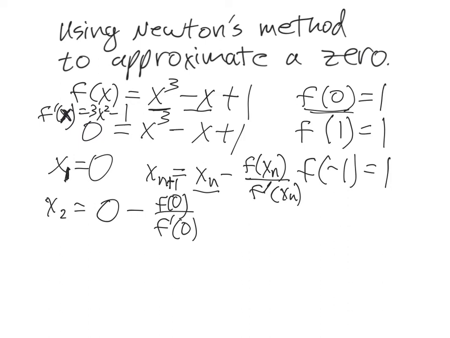Okay. So f of 0 we already calculated was 1. F primed of 0, well, up here we'd end up with negative 1. That's what makes 0 such a nice beginning choice. The calculations are very easy.